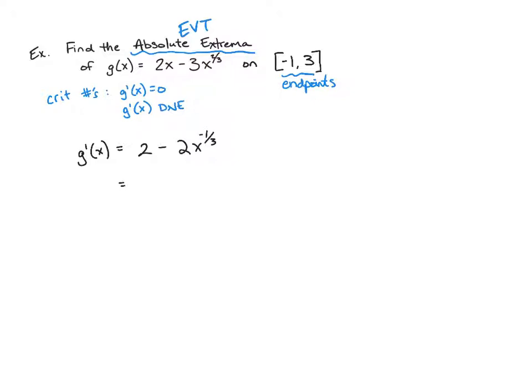And I'm also going to factor out a 2. It makes it look a little bit better. Then I'm going to make a common denominator so I can easily solve for where G prime equals 0. A common denominator means I'll have to multiply the top and bottom here by x to the 1/3.